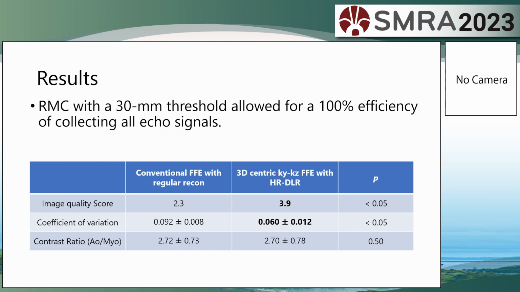We can see that the image quality score was significantly higher in the proposed method, and the coefficient of variation was also smaller. But the contrast ratio didn't show a significant difference, and was almost similar between the two acquisitions.